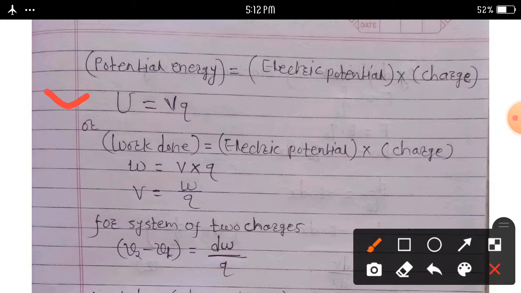Then we can write this work done is this potential energy. We can write work done is equal to electric potential and charge.